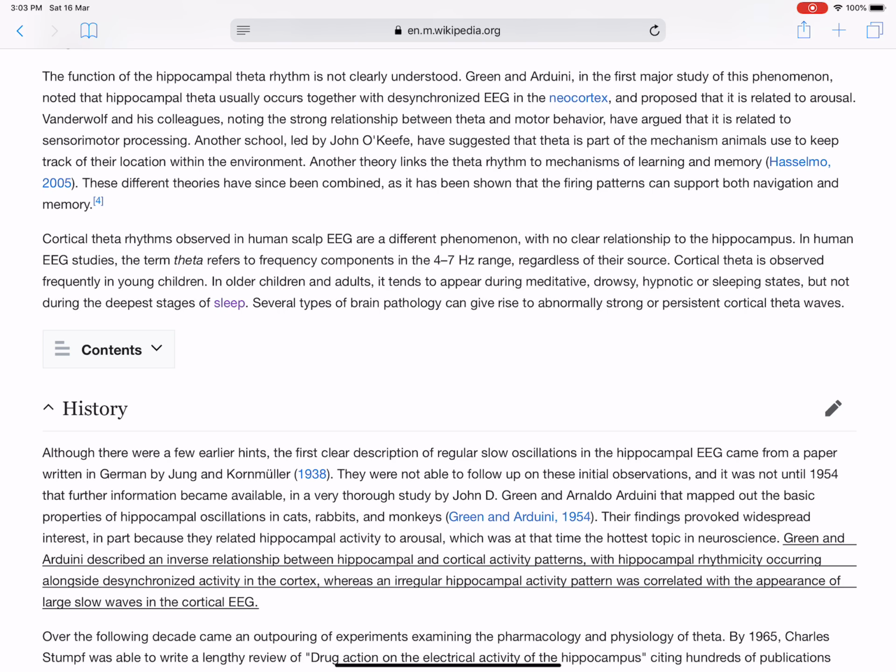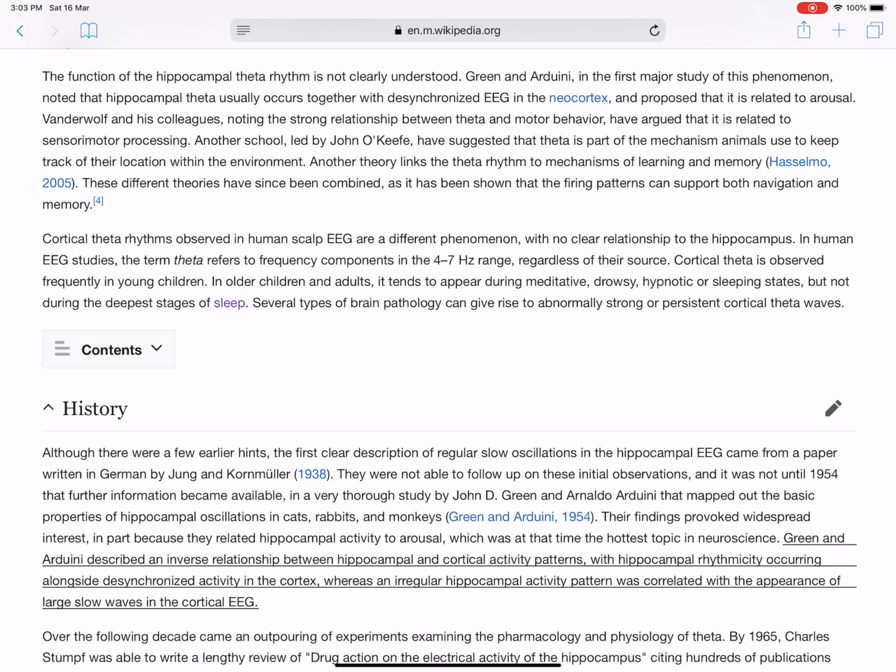Green and Arduini described an inverse relationship between hippocampal and cortical activity patterns, with hippocampal rhythmicity occurring alongside desynchronized activity in the cortex, whereas an irregular hippocampal activity pattern was correlated with the appearance of large slow waves in the cortical EEG. Over the following decade came an outpouring of experiments examining the pharmacology and physiology of theta.